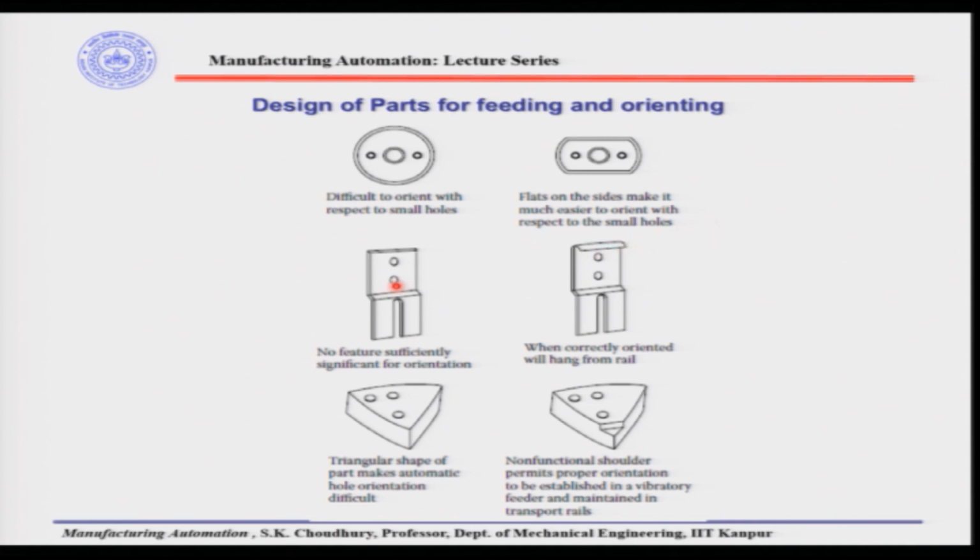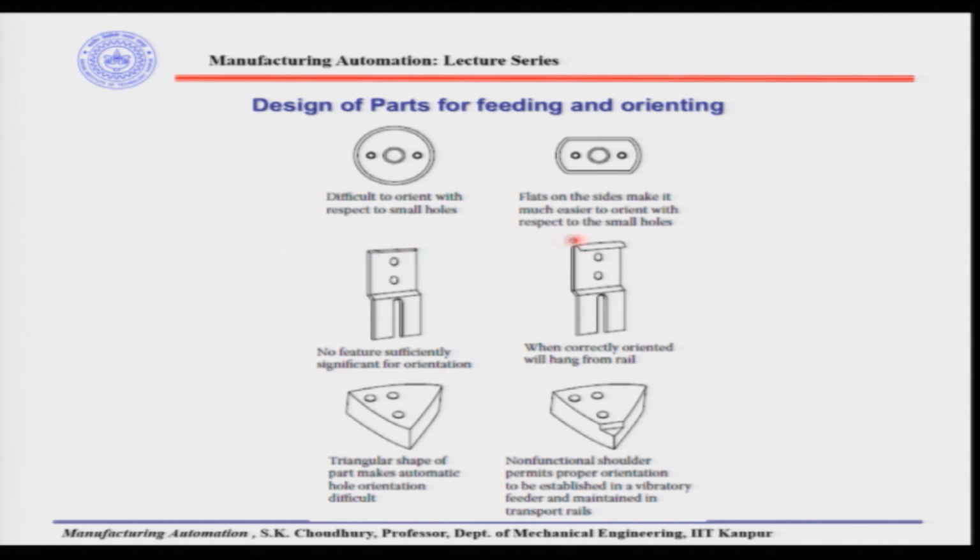If this is the case, there is no way for the part to be fed in a direction or in the orientation like this. Otherwise, if we do not introduce this, then this part can come in any orientation, and we have to use a reorienting device, for example, to give this kind of orientation to the assembly machine.